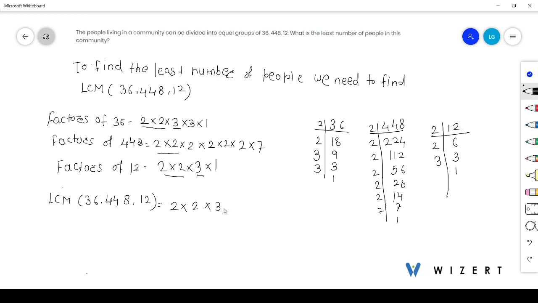So, the rest of the numbers are 3 into 2 into 2 into 2, 4 times. Then 7 into 1, which is 4032.